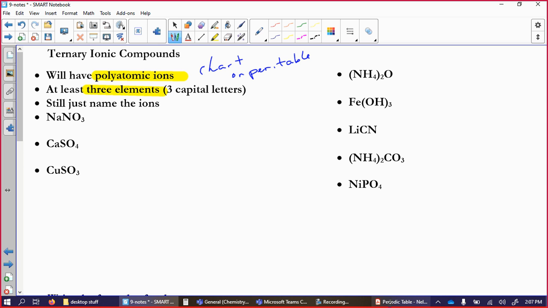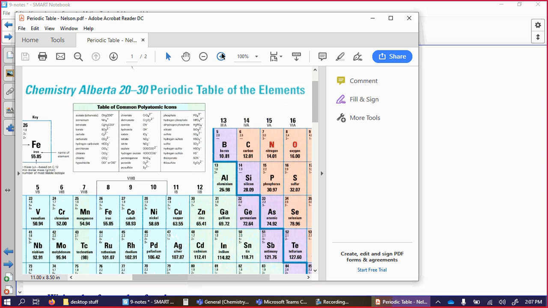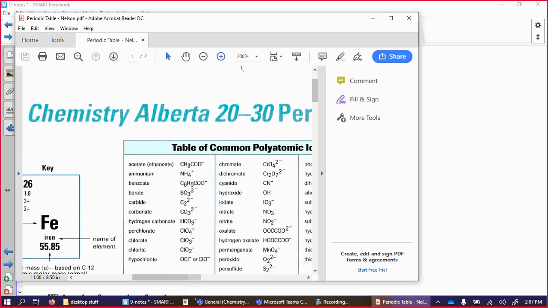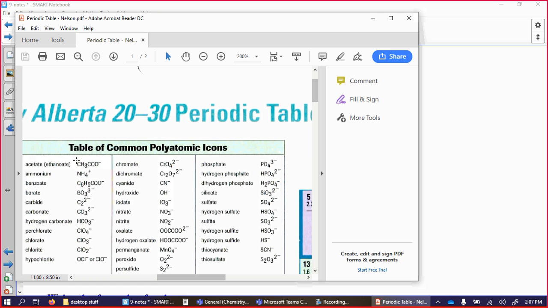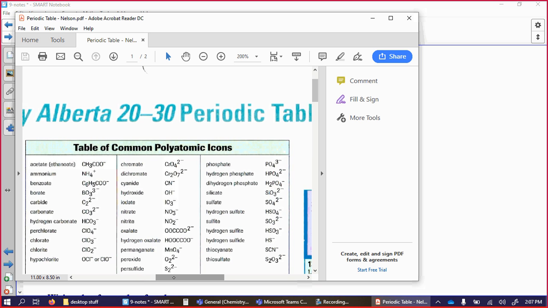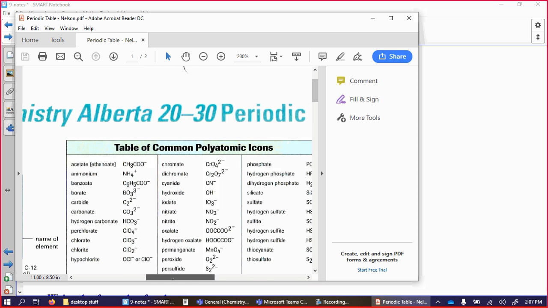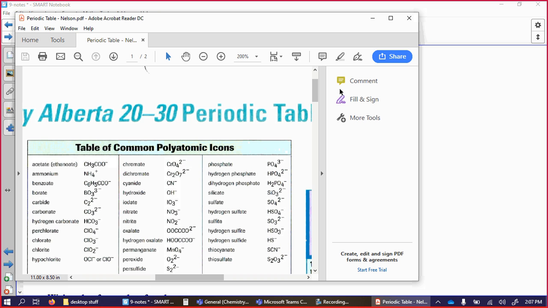Just like the anions, you don't have to really remember anything. Acetate is that. Ammonium, benzoate. There's a couple you may come across on those pages that may not be on here. Phosphite is usually the common one, but we'll talk about that in a minute.